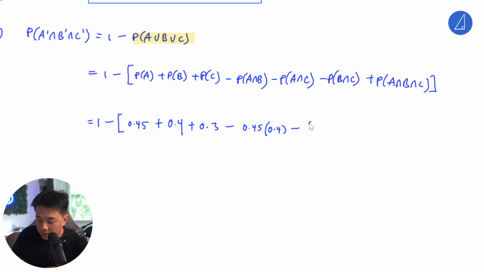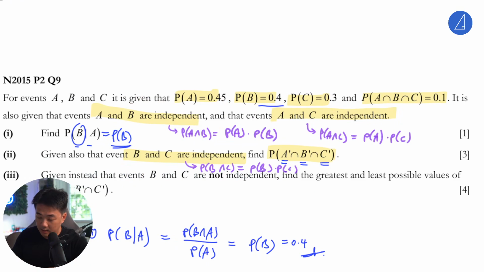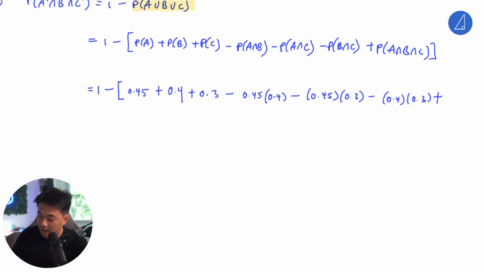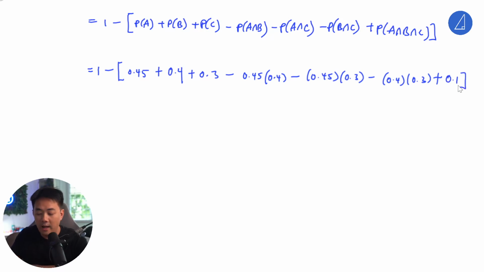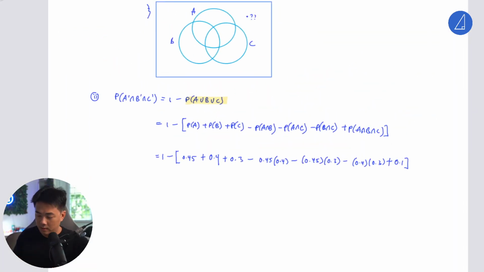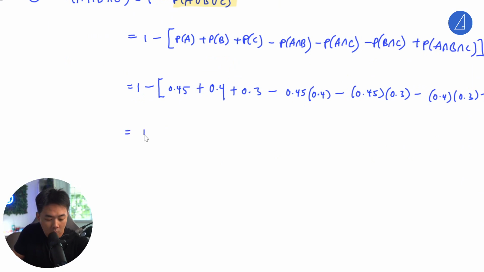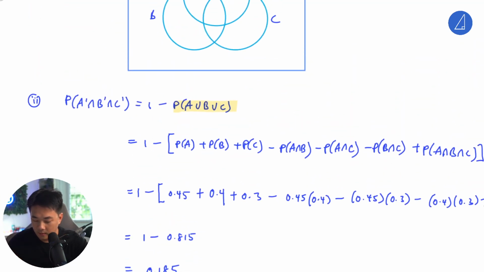A intersect C will just be 0.45 multiplied by 0.3. B intersect C will be 0.4 multiplied by 0.3. Then add back A intersect B intersect C, which is 0.1. Okay, just add it back. Add them out, should get the answer. So this will give us 1 minus 0.815. Then in turn, this will give us 0.185. Okay, so that's how you do part 2.